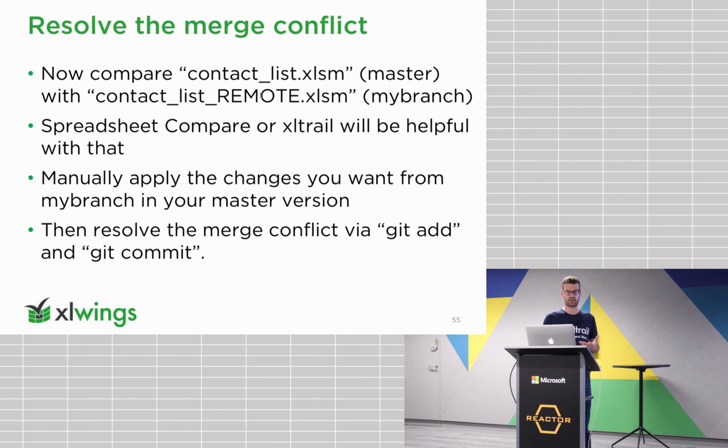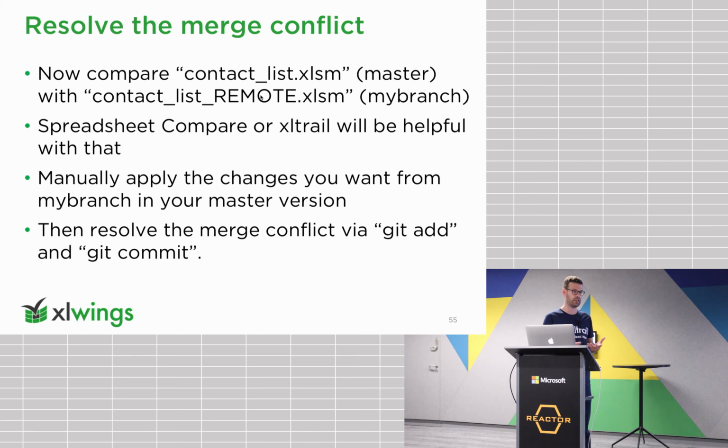That helps you see how they differ and what changes. So you could, for example, see that I am overriding something on my master branch from my branch, and you could fix that on the combined version. But in the end, the merge conflict resolution has to be manual on the side of the sheets.